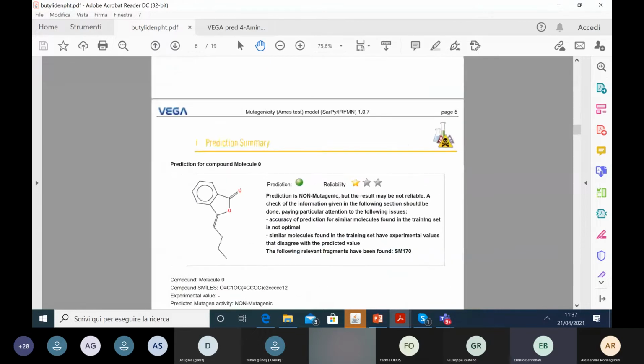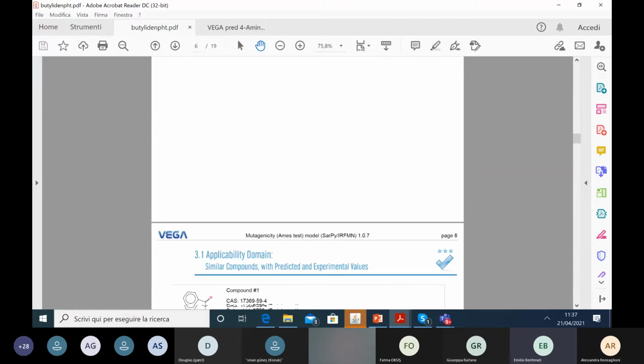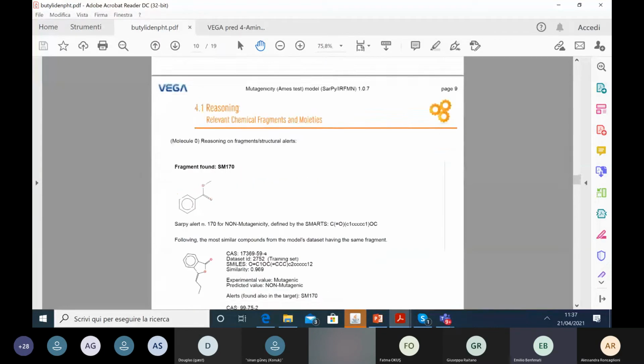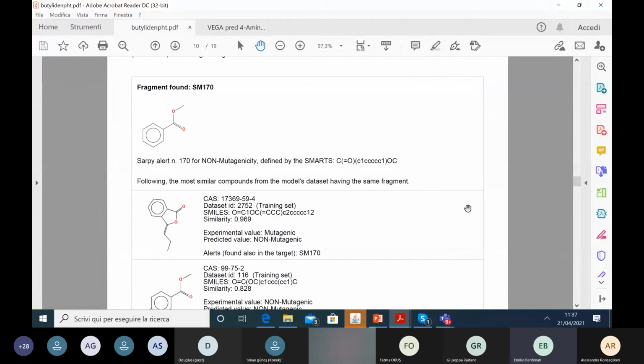From SARPI, basically I arrive to the same conclusion. I have a structure alert for non-mutagenicity here, and I can quickly go and see. Simply, the model says that quite frequently these kind of chemicals are non-mutagenic, but here I have a different story.